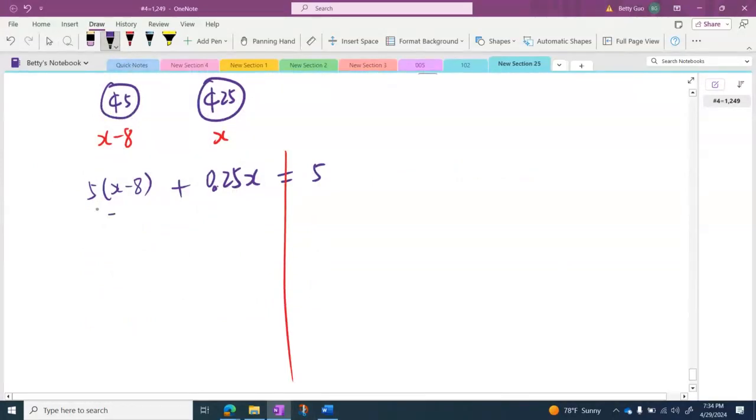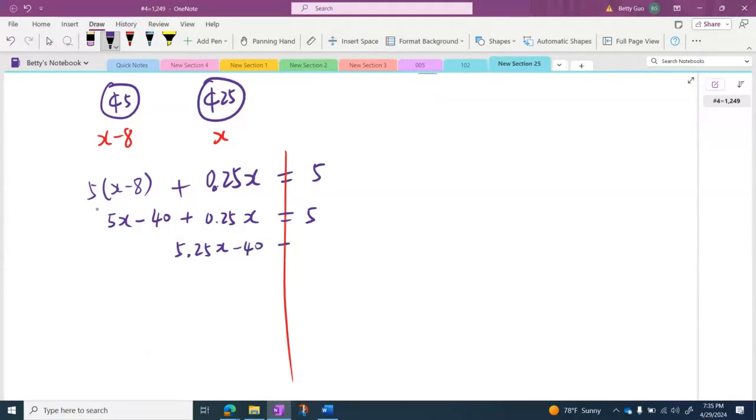Distributive property: 5x minus 40 plus 0.25x equals 5. Simplify 5x plus 0.25x: 5.25x minus 40 equals 5. Plus 40 to each side. We have 5.25x equals 45. Use the calculator, divide each side by 5.25.